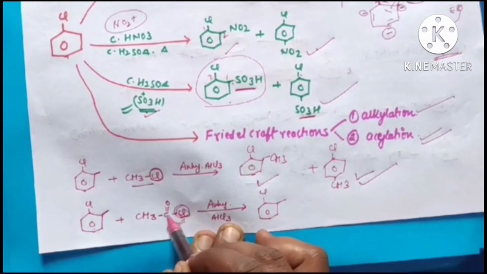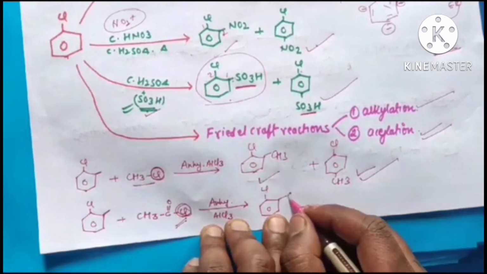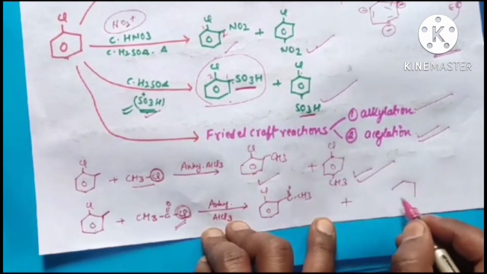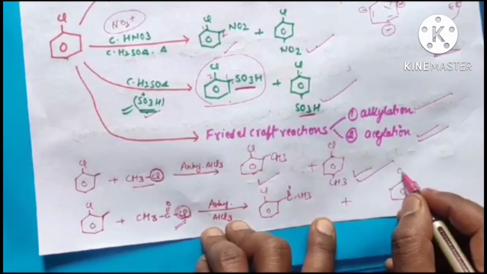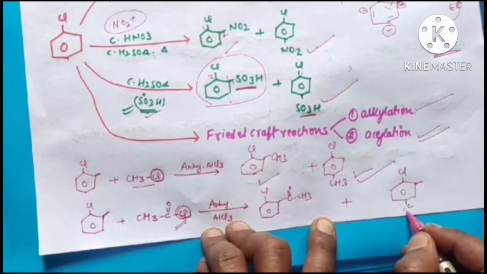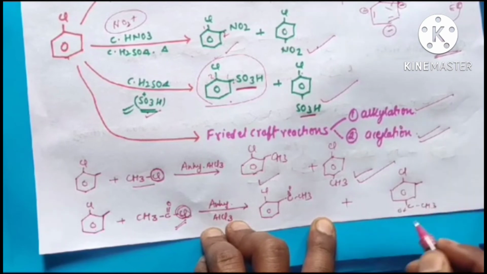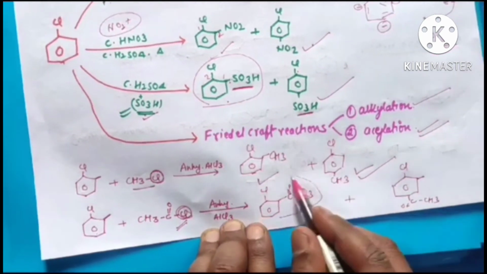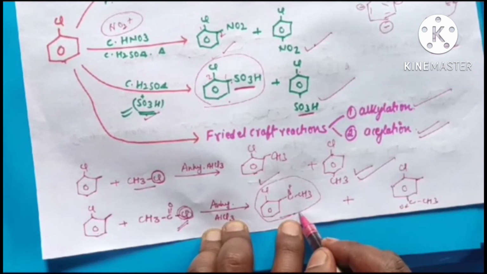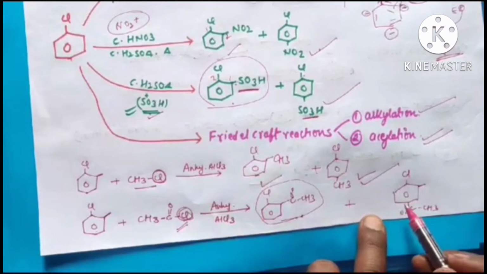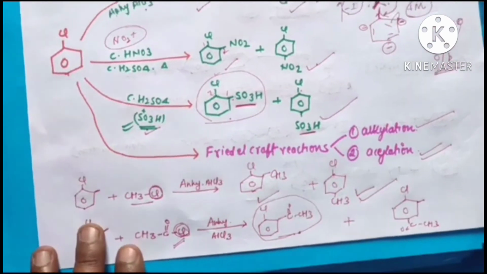The remaining COCH3 will go ortho, and the remaining species will be, this is Cl, sorry, now this is at para position, C double bond O, CH3. Okay, this is ortho-chloroacetophenone, and this is para-chloroacetophenone. Okay, now this is the electrophilic substitution reaction.